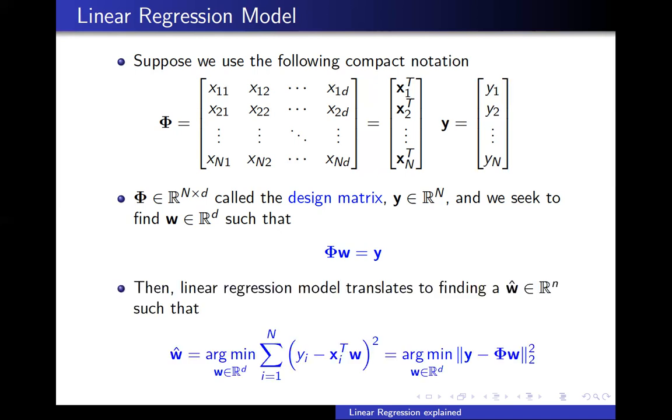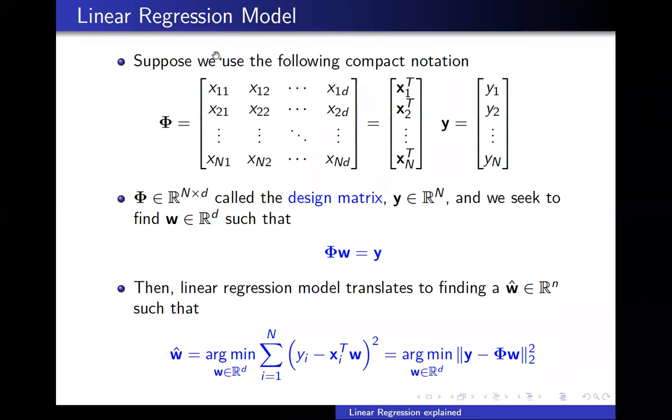So linear regression essentially translates to finding W hat such that we can represent this quantity, the sum square error, in an even cleaner representation.